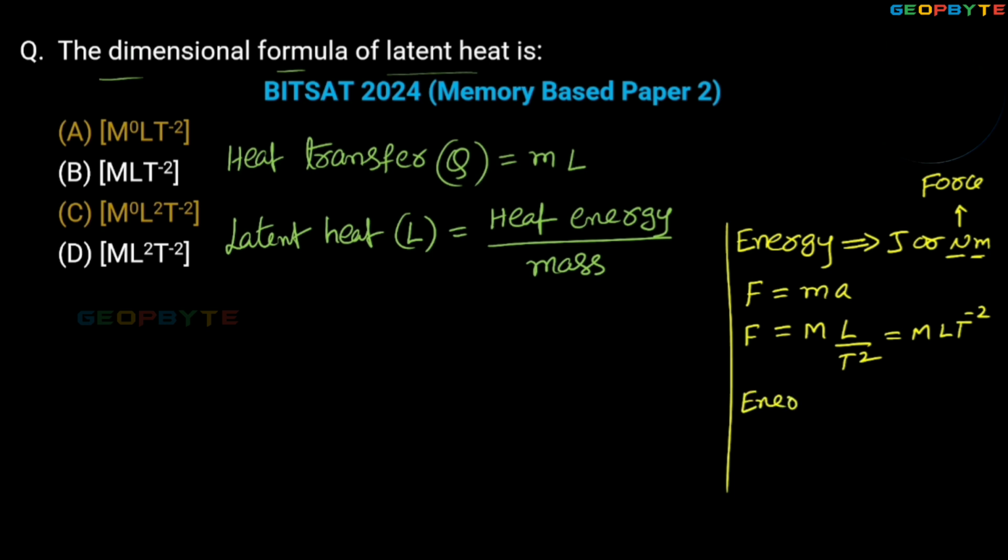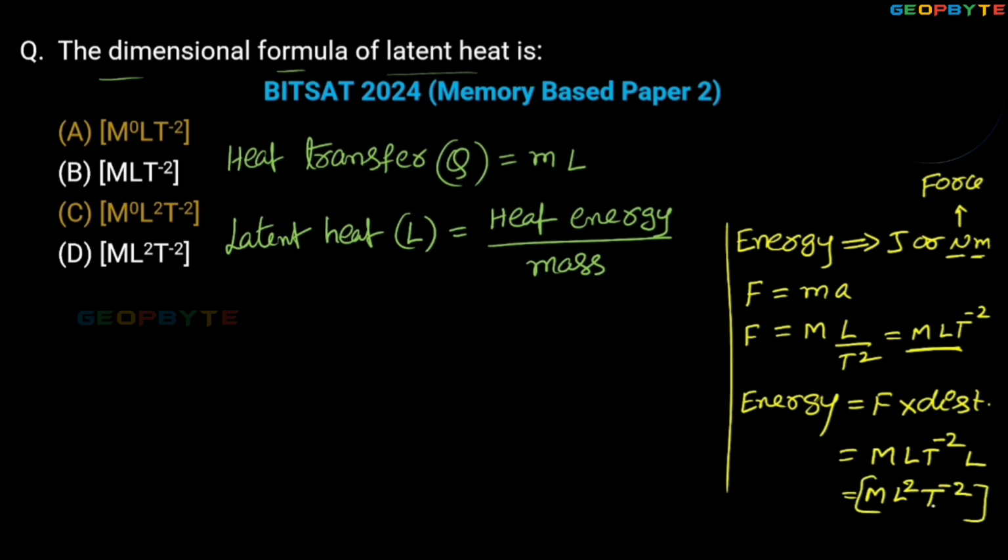Energy equal to product of force and distance. Here distance is L, you may be confused with L because we are using L for latent heat. The dimensional formula for force is M L T power minus 2, and distance is L, so it is M L square T power minus 2. That is the dimensional formula for energy. Remember that one.